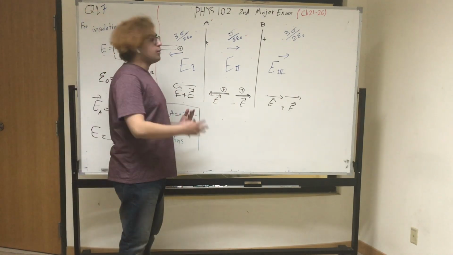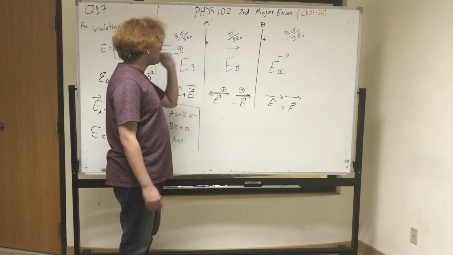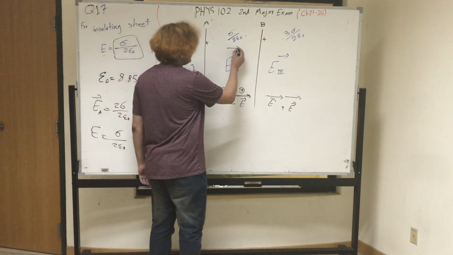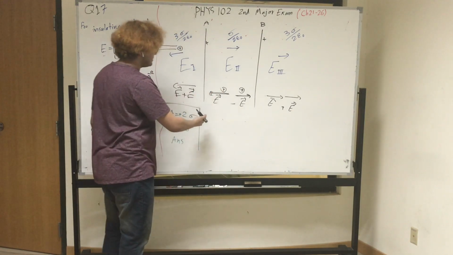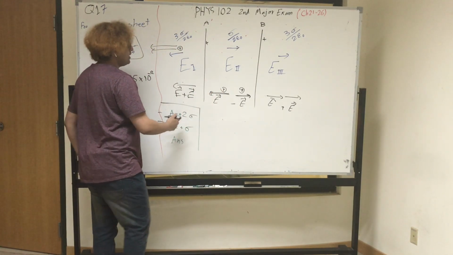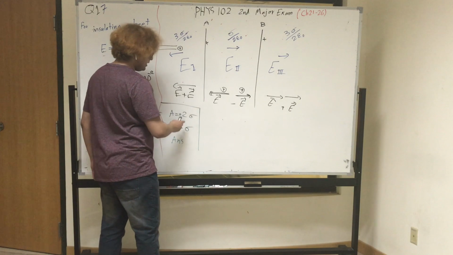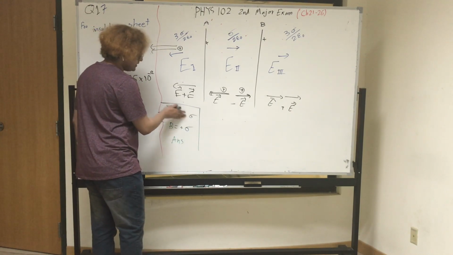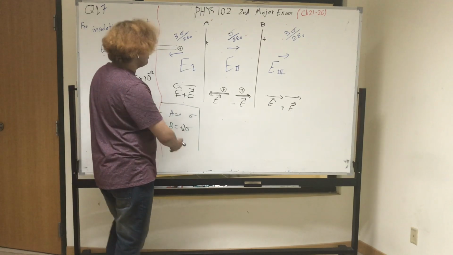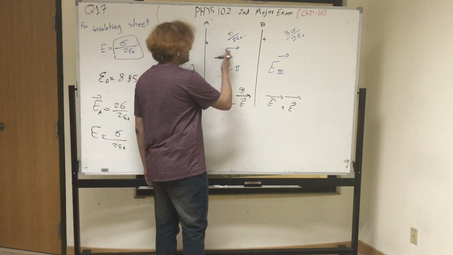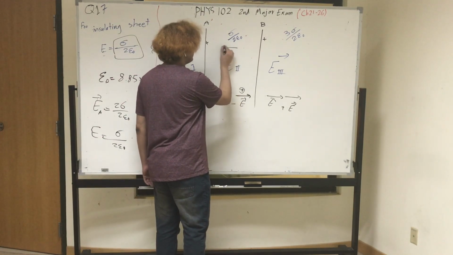There is one thing I wanted to add here. Since the direction of the electric field here is to the right, that necessarily means that A is the bigger charge. Let's reverse this. This is wrong, okay? This is not the right answer. If you make B to be 2 sigma, then the net electric field will be in this direction.